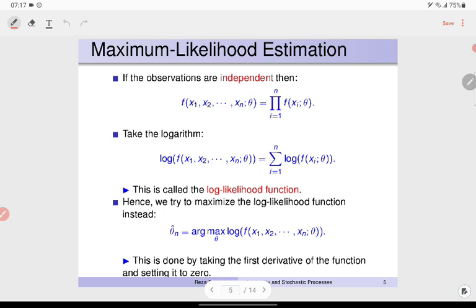How do we maximize this? This is done by taking the first derivative of this log likelihood function and then setting it to 0. The evaluation of the parameters at that point will give us the configuration that maximizes the log likelihood function.